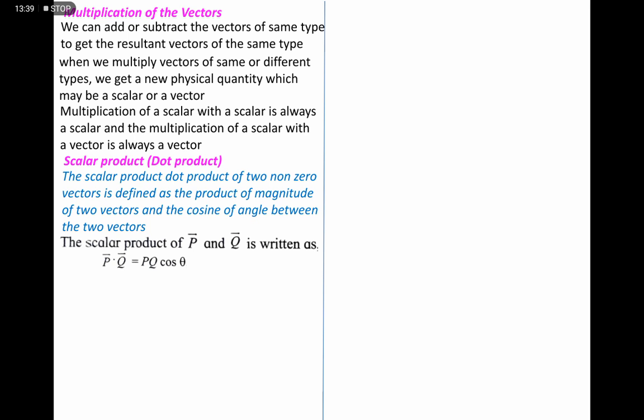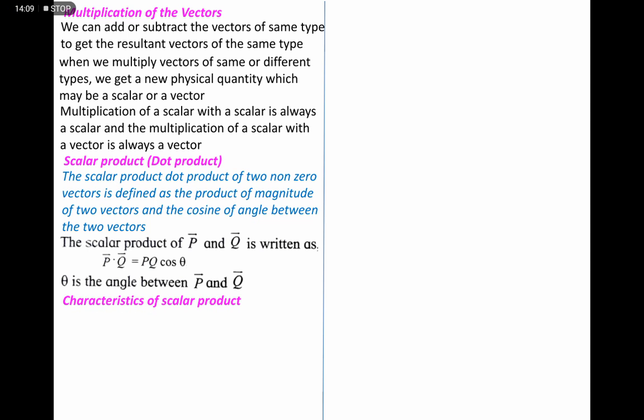P and q are the magnitudes of vectors p bar and q bar respectively, and cosine of the angle between them, as per the statement. So dot product of two vectors, p bar dot q bar, is equal to pq cos theta. Theta is the angle between the vectors p bar and q bar.